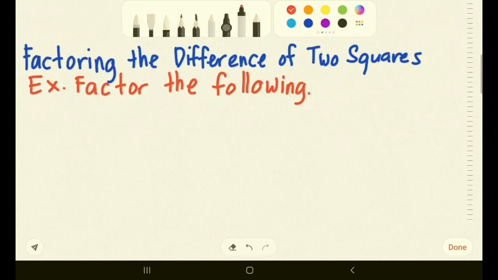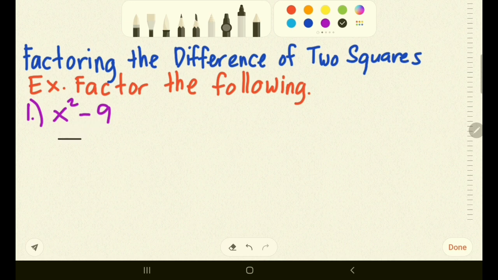Now I'm going to give you several examples on how to factor the difference of two squares. Let's have your number 1. You're given here x squared minus 9. First, you express each term to the power of 2.